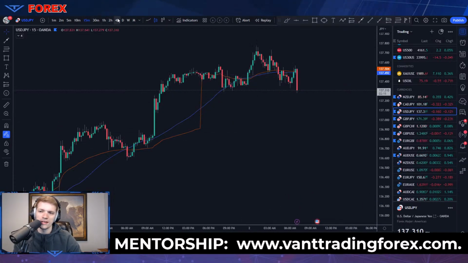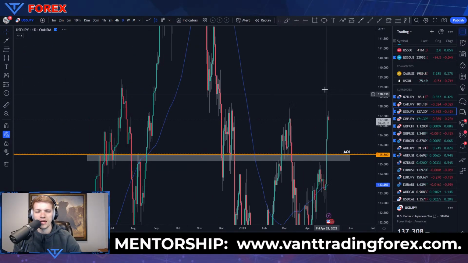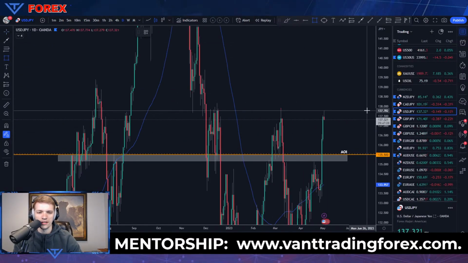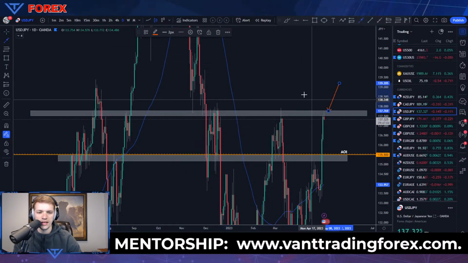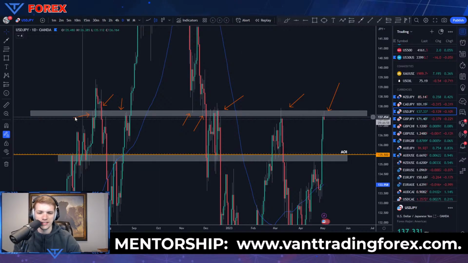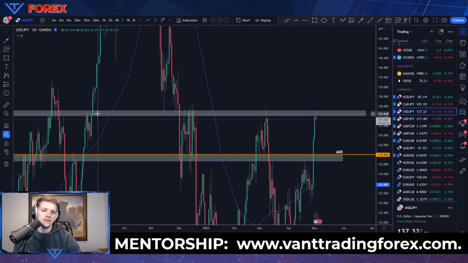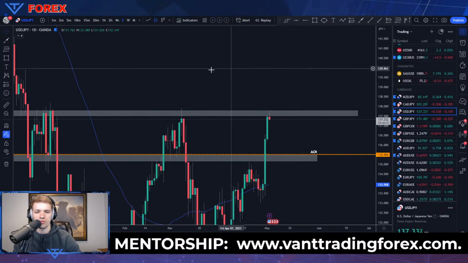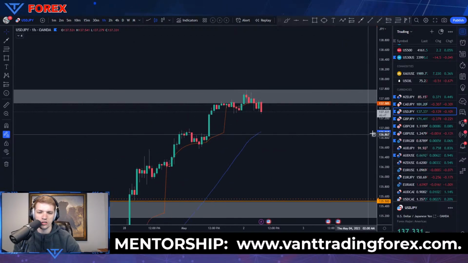USD JPY, I actually was liking this short area here, at least for the then eventual longs, because this is a pretty heavy area of resistance and support from prior days here back until, I guess, 2022. And we just are showing a nice rejection wick there on the daily chart.